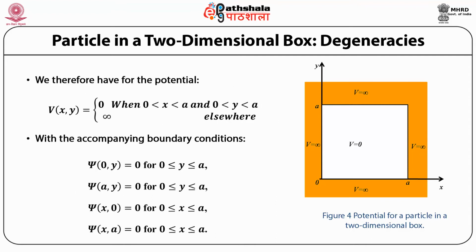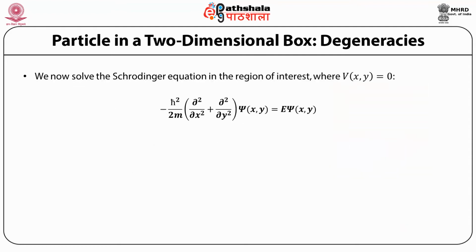The boundary conditions are psi(0,y) equal to 0 for 0 less than or equal to y less than or equal to a, psi(x,0) equal to 0 for 0 less than or equal to x less than or equal to a, and psi(x,a) equal to 0 for 0 less than or equal to x less than or equal to a.